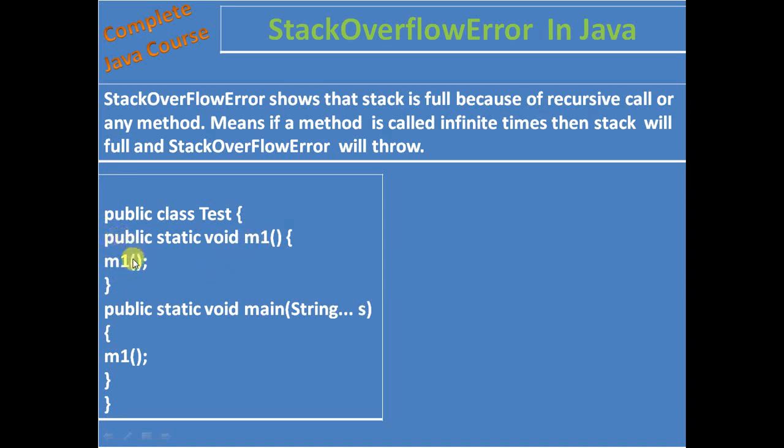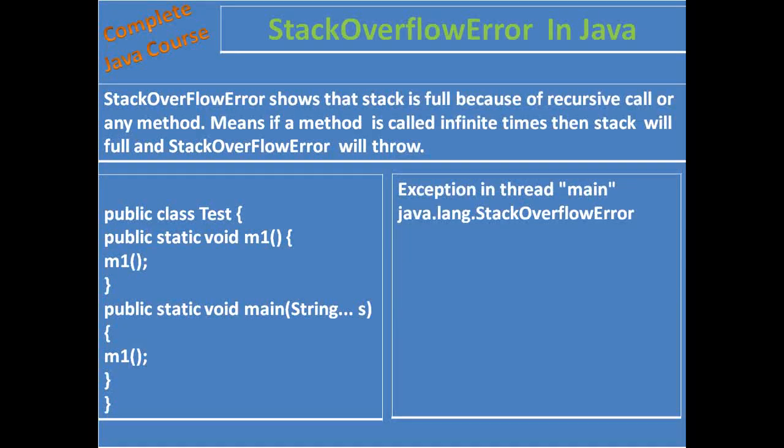So the control will always keep moving from this to this to this. So this is called infinite calls. What happens? The method entries go into the stack memory, so the stack memory will be full and it throws the exception StackOverflowError.